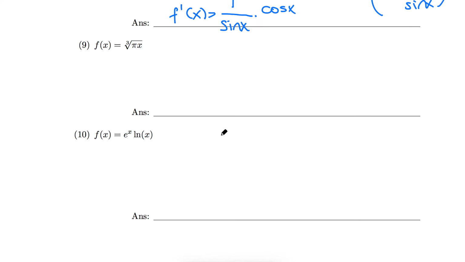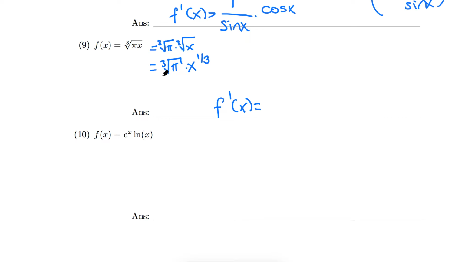Okay, let's take a look at 9. Here we have cube root of pi times x. So keep in mind that this is the same thing as cube root of pi times cube root of x, which would be cube root of pi times x to the power 1/3. So we can find the derivative now.